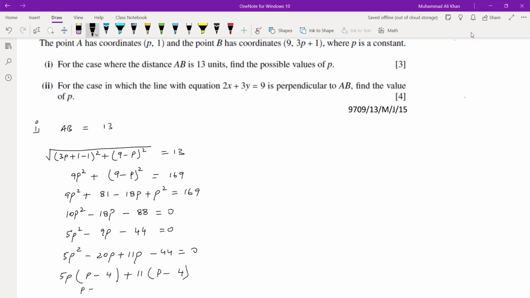What are the values of p? 4 and minus 11 over 5.